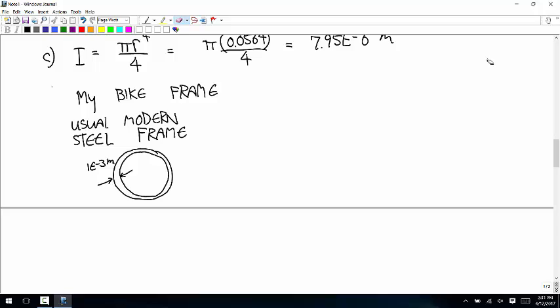I don't know what the diameter is, but let's say the outer radius is 2 centimeters. I think that seems pretty reasonable.